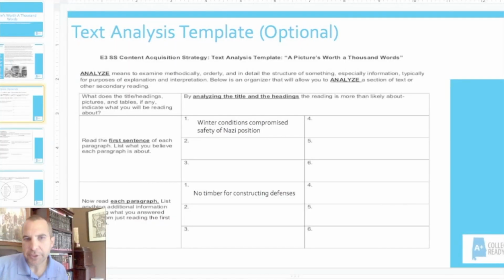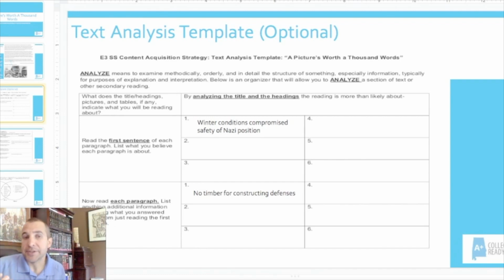So after they've had a chance to read and analyze, the next step, and this is optional, this particular template that you're looking at now is not really the ultimate end goal of the strategy, but it's a building block.